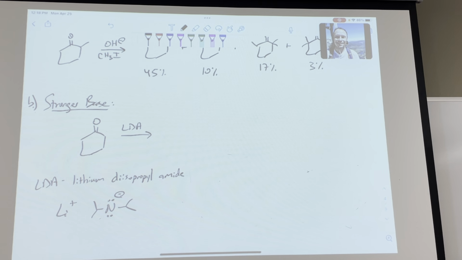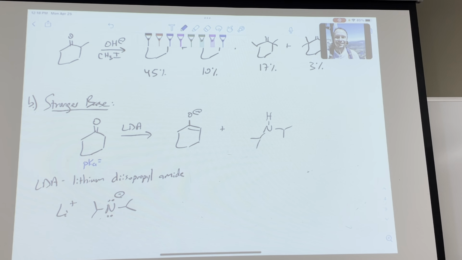And so if you use LDA, you can draw that same ionization expression. But now let's compare pKa's.